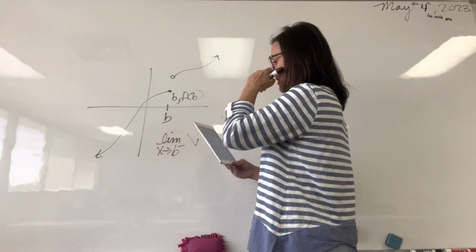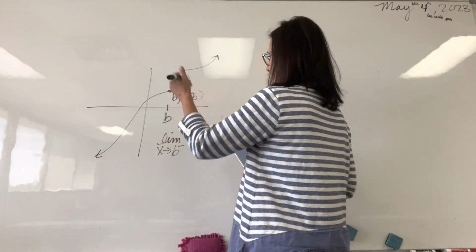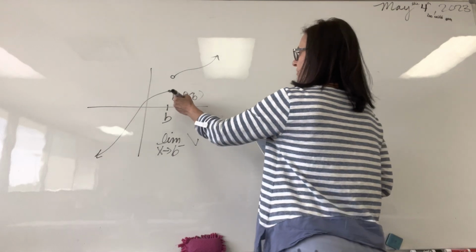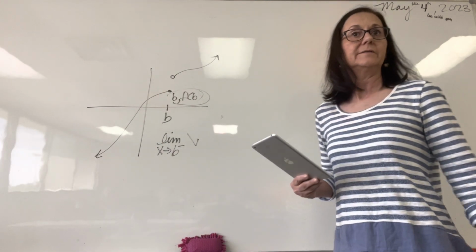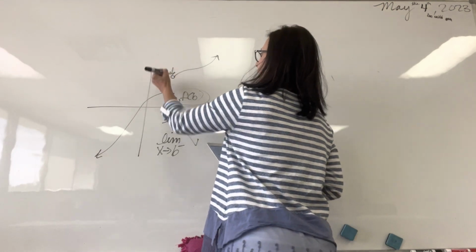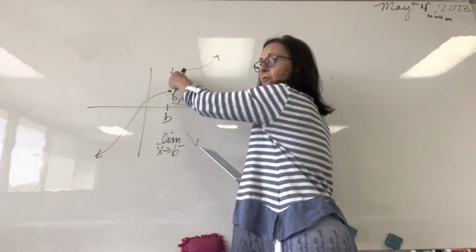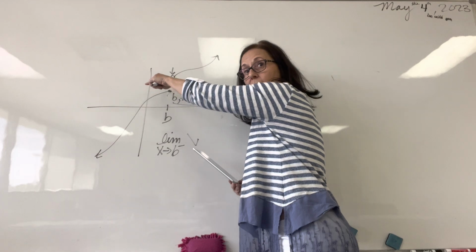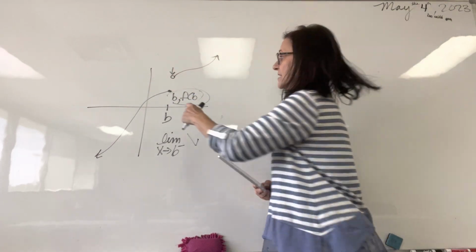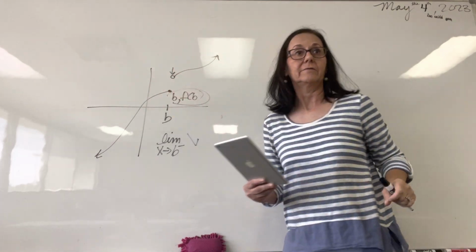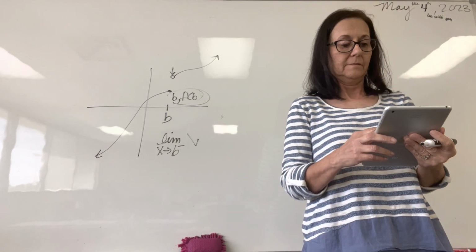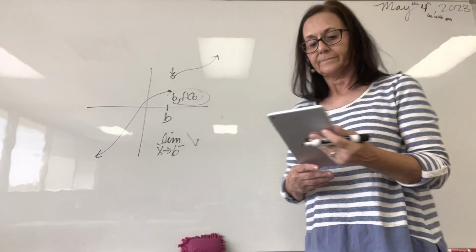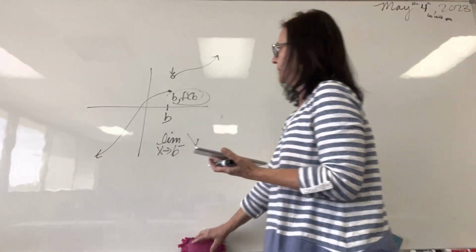A function is continuous from the left as long as it's defined. So this would be continuous because when I plug b in, I get that output. This is not continuous because when I plug this value in from the right, I get this output. It doesn't equal there. Make sense? All right, so let's look at example 2.